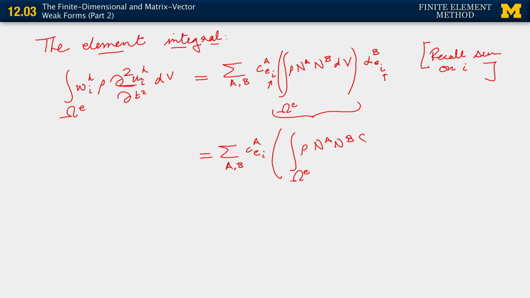Just allow me to do this and I'll show you why I'm doing this. Since I've slipped in that Kronecker delta and given it indices ij, I'm going to turn the d B E I from the previous line into d B E J.